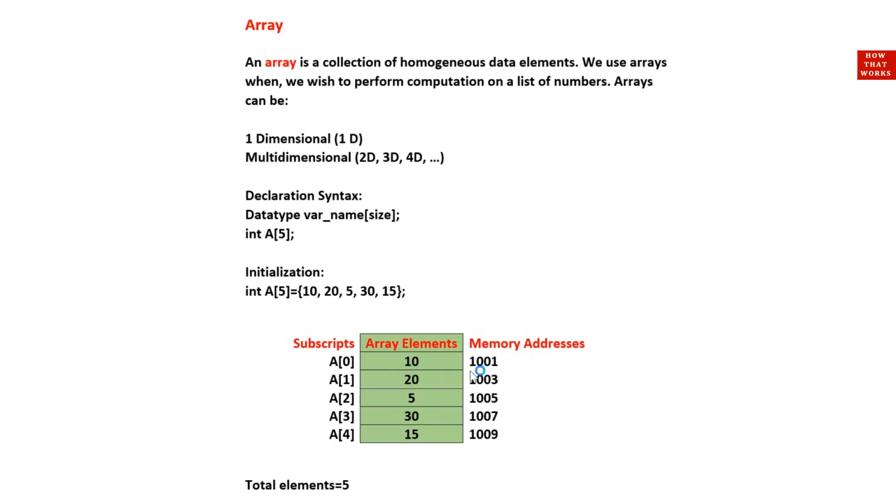If the address of the first variable is 1001, then the next will be 1003 with a gap of 2, because this is the integer data type. Then the next variable's address would be 1005, then 1007, and the last variable will have the address 1009. So these are stored in consecutive memory locations one after the other.